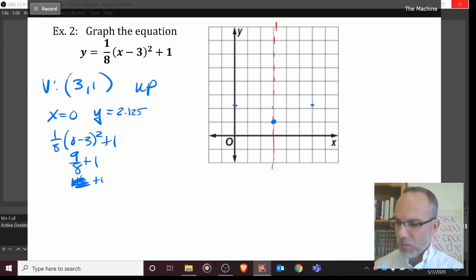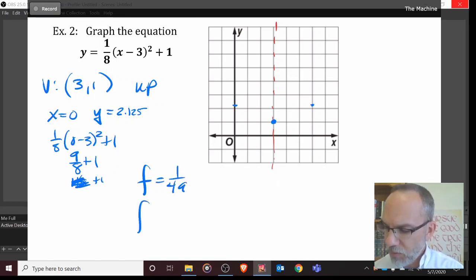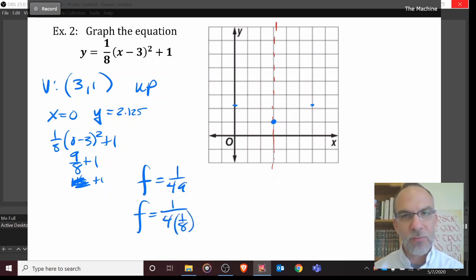Let's find the focus. Where's the focus? The focus is going to be up above the vertex. But how far? The focal distance is going to be 1 over 4a. So the focal distance is equal to 1 over 4 times 1/8. Now don't let the compound fraction scare you. You should be able to manage these by now.